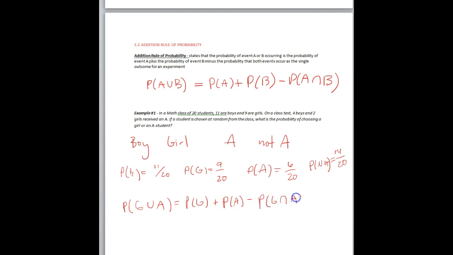That is where we would be double counting by already counting P of G and P of A. Probability of G, we already have, is 9 of 20. Probability of A is 6 of 20.